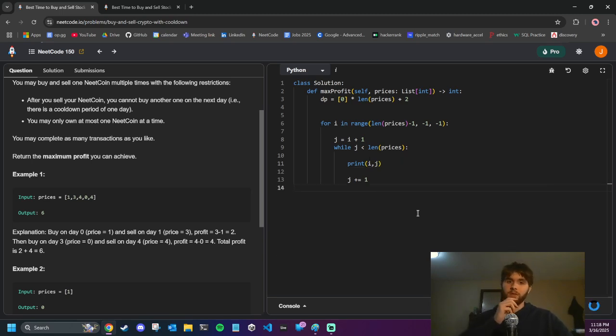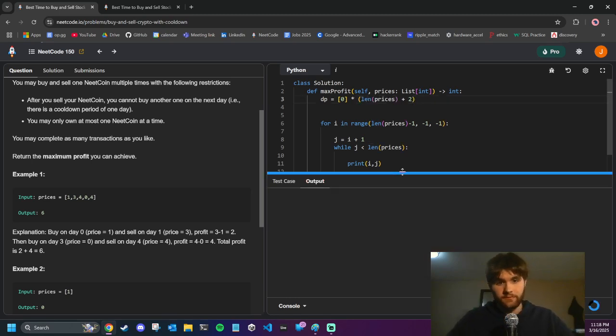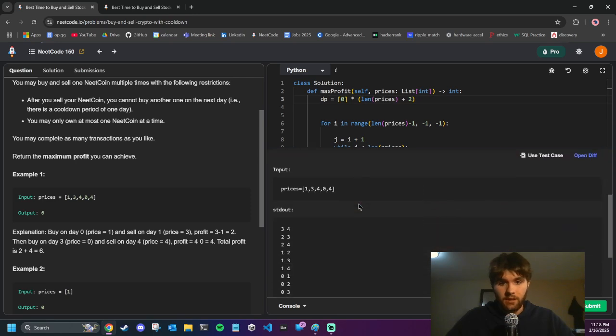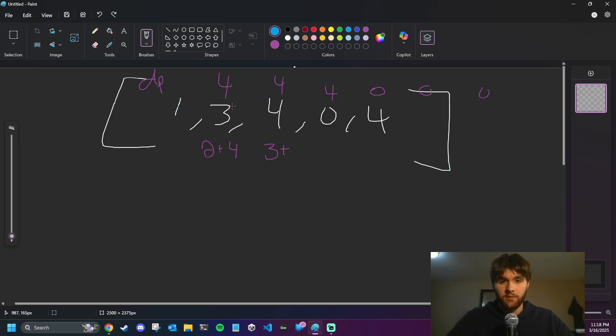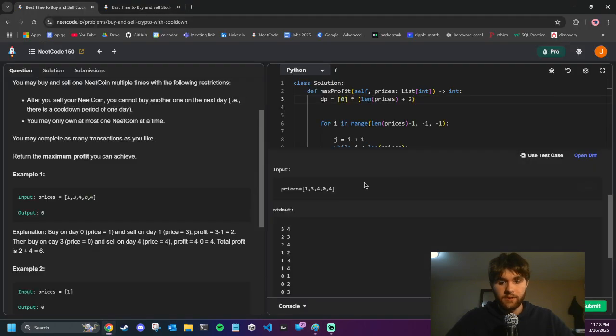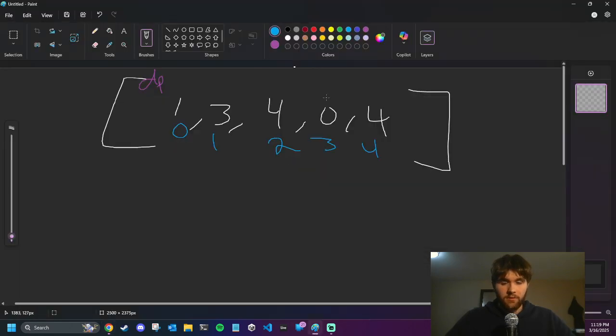Let me just make sure that's working as I want it. Parentheses. All right, so in this case, we're starting at i equals 3. Let me undo all the purple marks. Okay, so 0, 1, 2, 3, 4. So we're starting at i equals 3, huh? 0, 1, 2, 3.